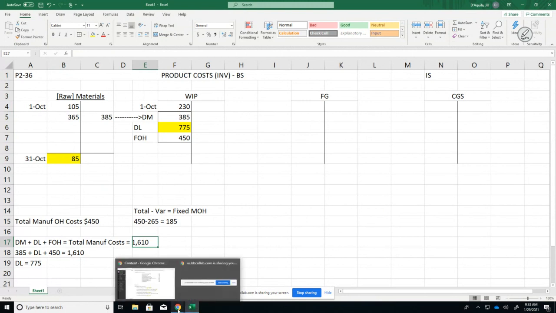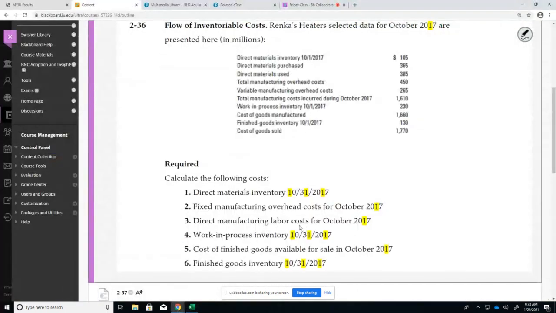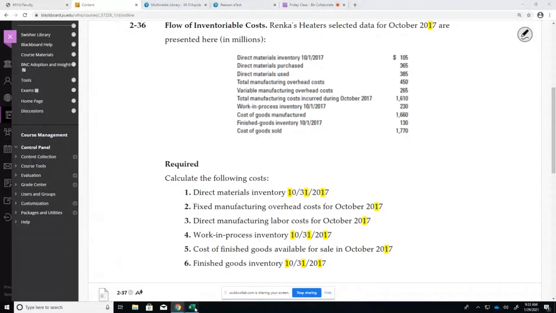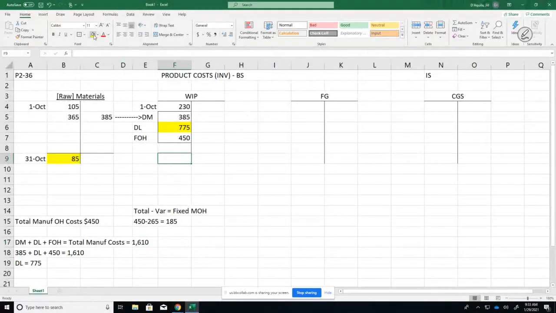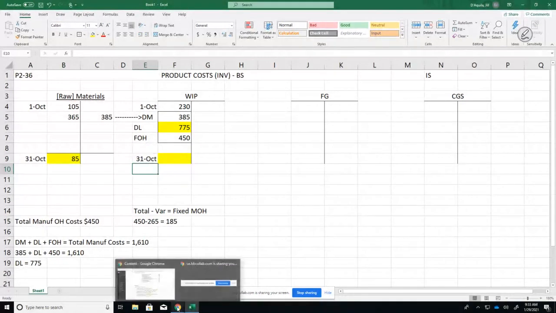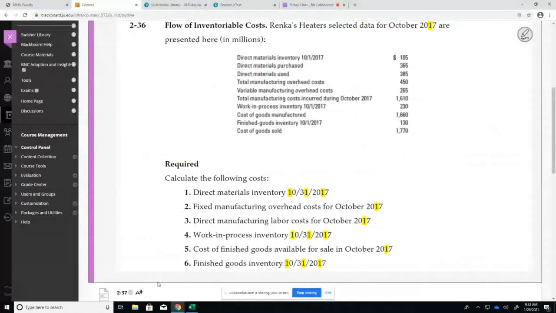So let's see what they're asking for next. They're asking for work in process at the end. All right, so this is the next puzzle to solve, work in process at the end. And there's one number we need to plug in on the other side. And don't get caught up in just numbers.